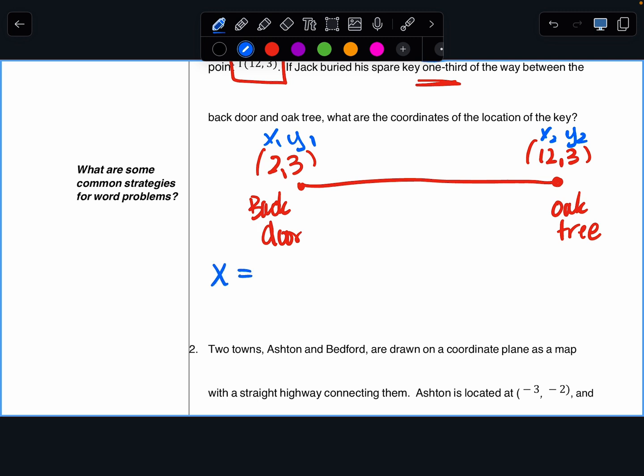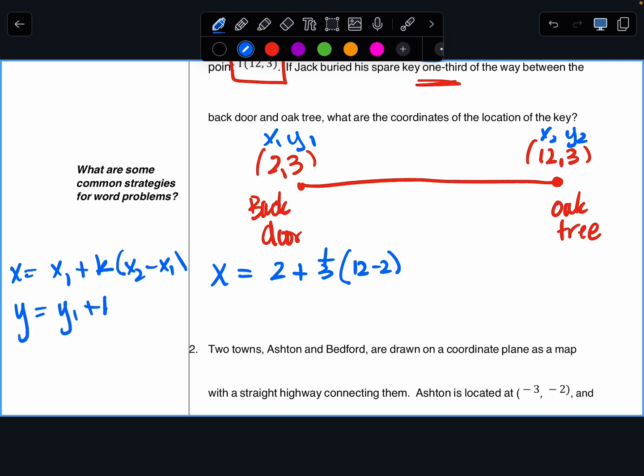So x is where we start. So that's x1. So that's 2 plus 1/3 times 12 minus 2. Right? Just plugging it in. The formulas are x is x1 plus k times x2 minus x1, and y is y1 plus k times y2 minus y1.